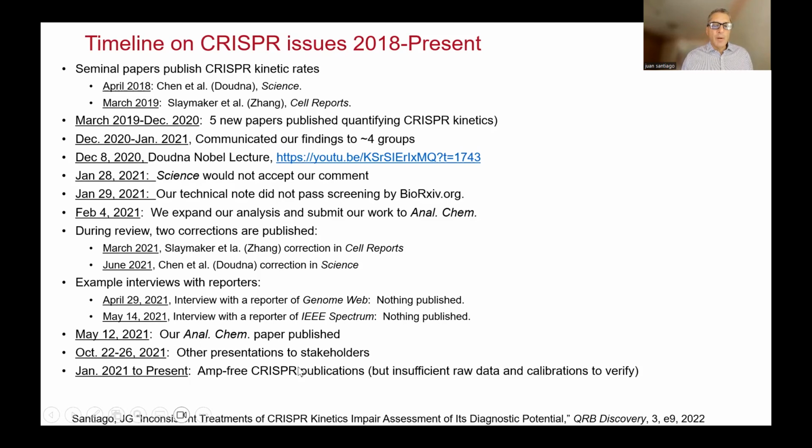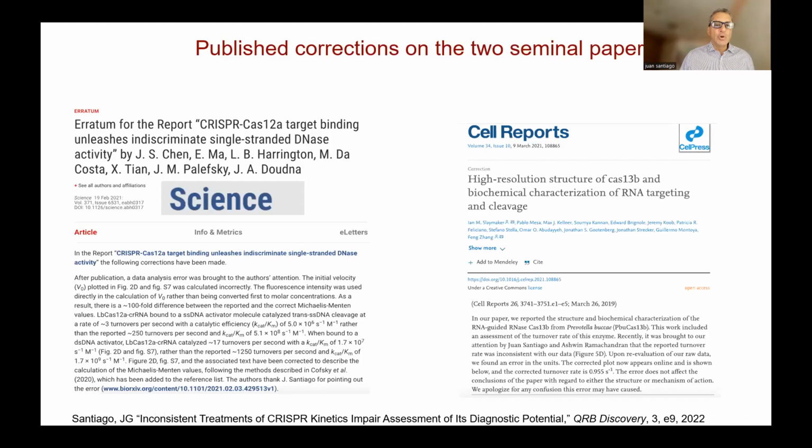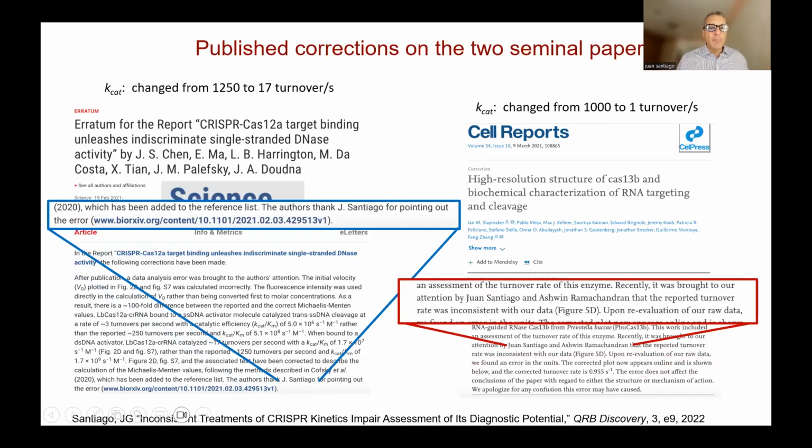I'll also point out we try to engage people, try to ask for raw data, and many times people wouldn't share that raw data. So these are the 2 corrections that were published on those 2 seminal papers. We're very grateful that they cited our lab for pointing out these gross errors.